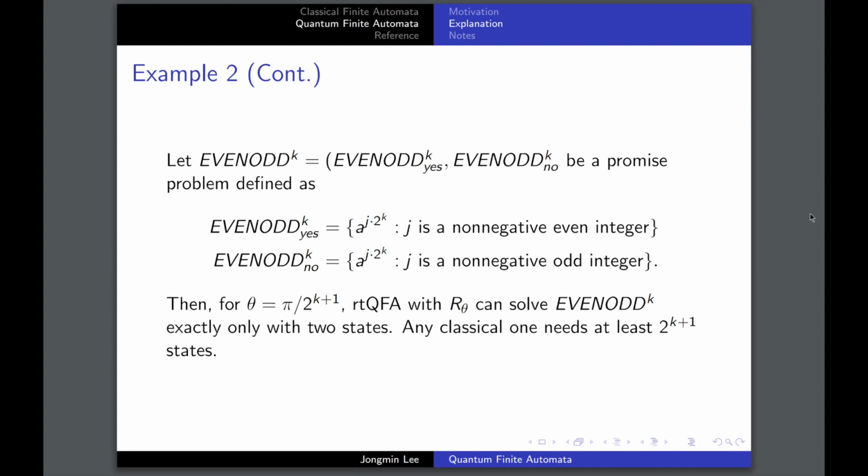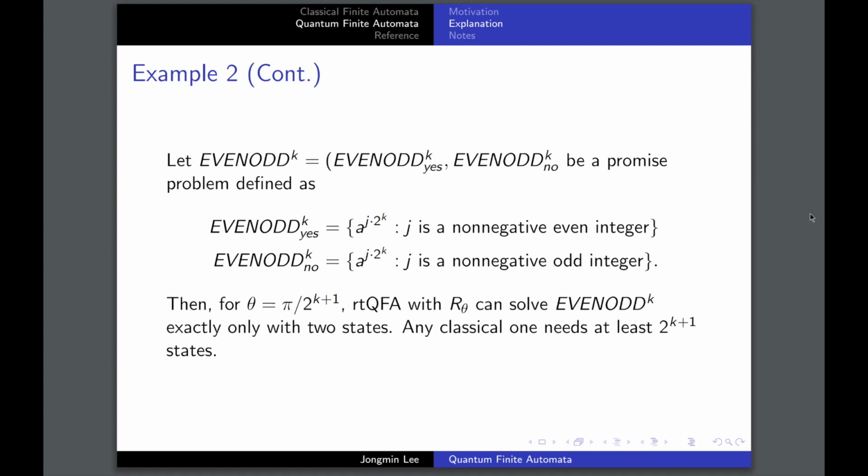If we accept a to the power of J times 2 to the K, then we will always accept this language. And if J becomes an odd integer, then we will always reject the set.